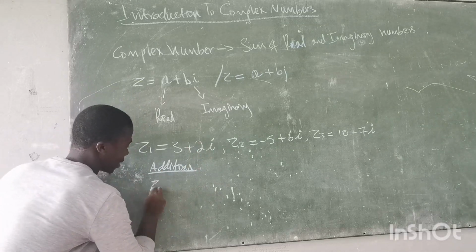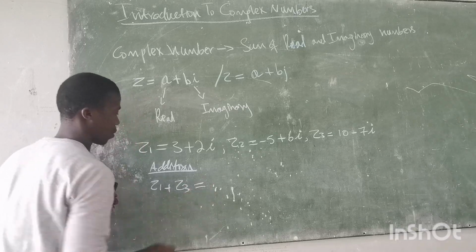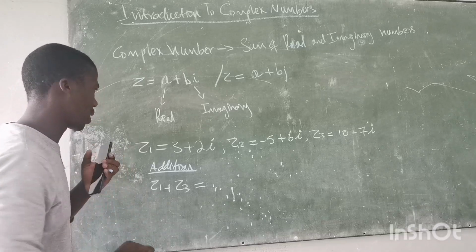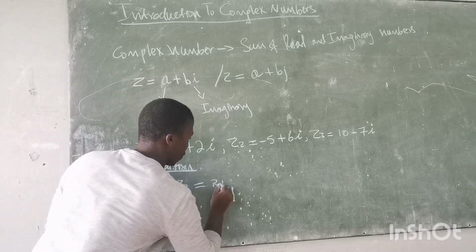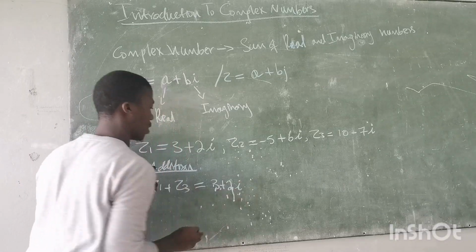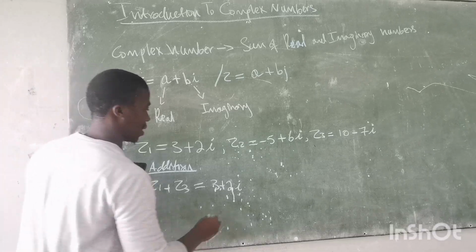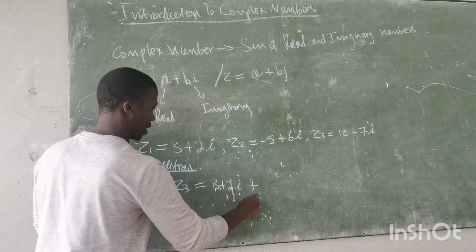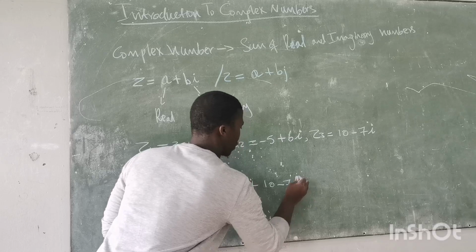In addition, let's add Z1 plus Z3 and see what we get, and see how we add these complex numbers. Z1 is 3 plus 2i. Z3 is 10 minus 7i.